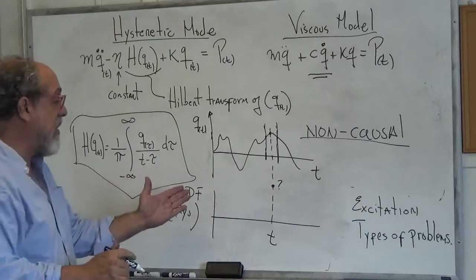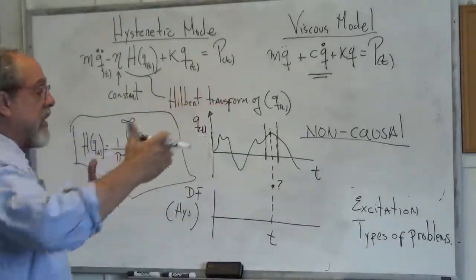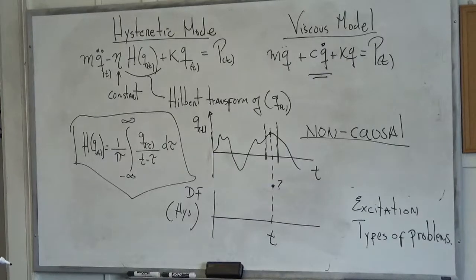You cannot have something now depend on something that will be happening later. Yet, the hysteretic model does provide, in certain circumstances, when you confront it with test data, often results that are quite good in many circumstances.